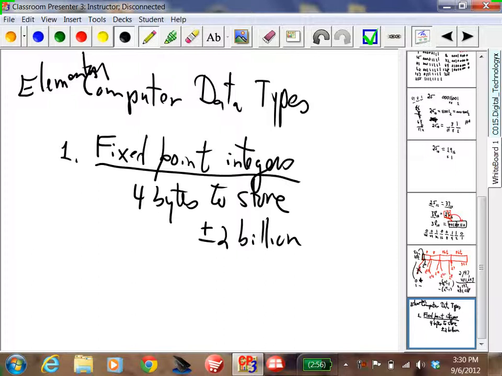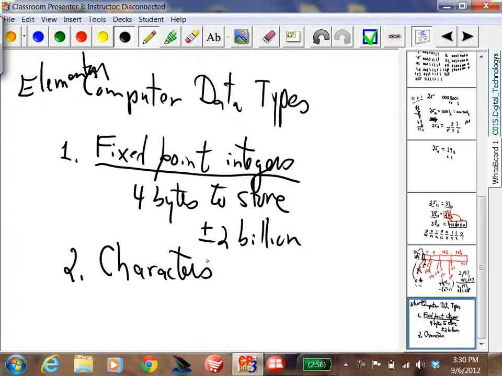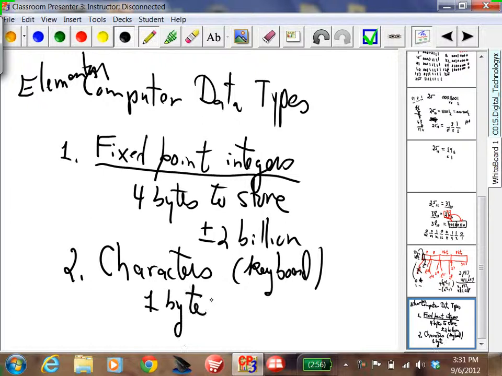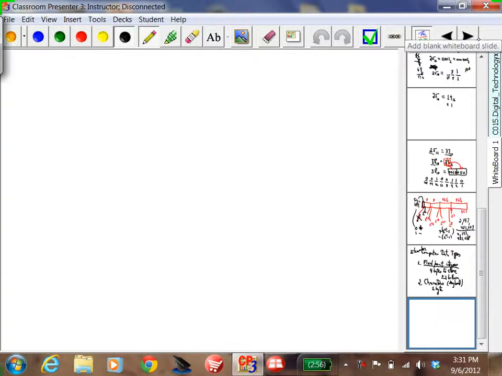Second elementary data type is character text. Okay, characters, and these characters are like keyboard characters, and each character is stored in 1 byte. These characters are stored with a code.